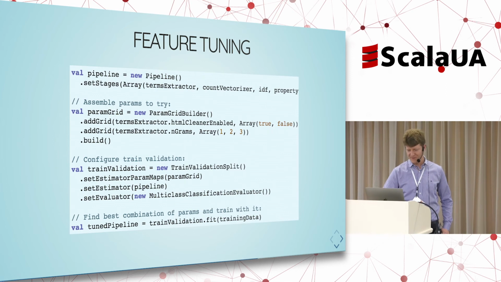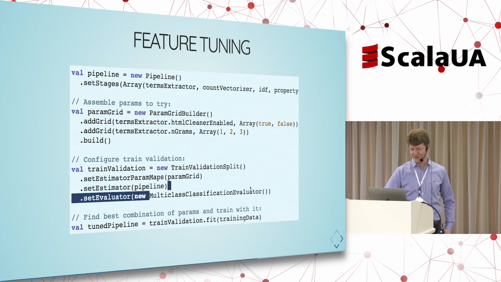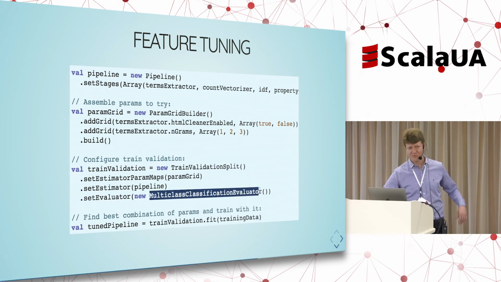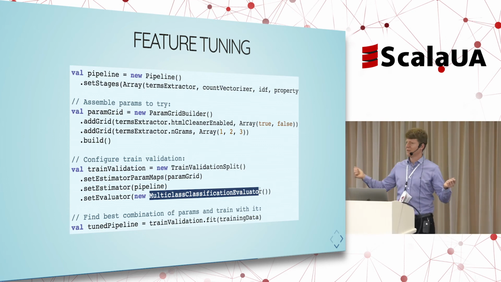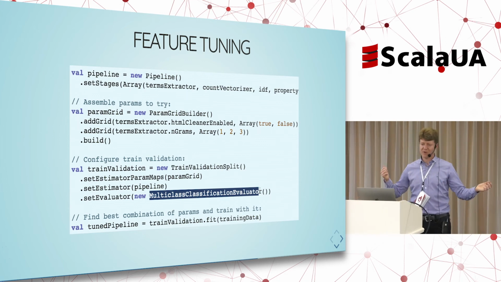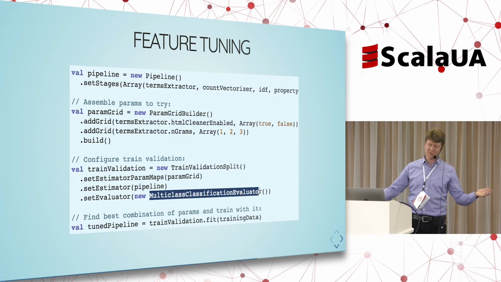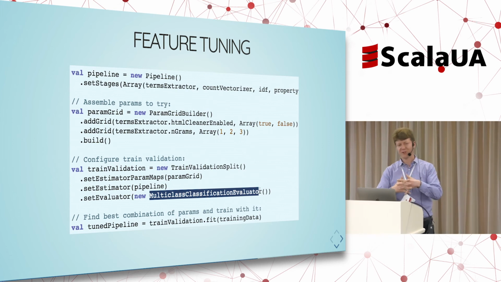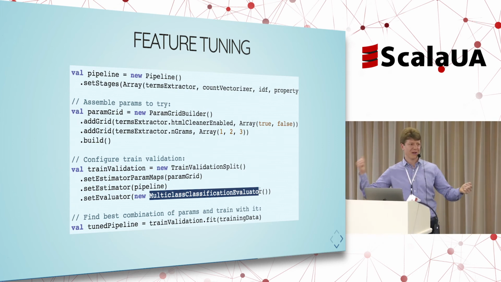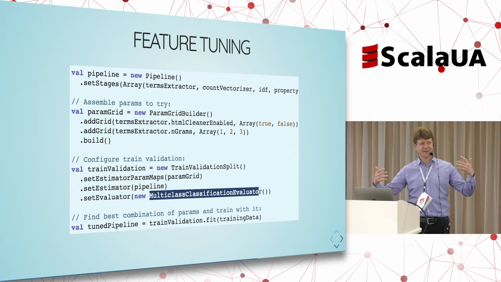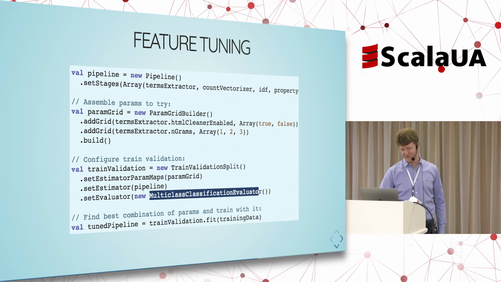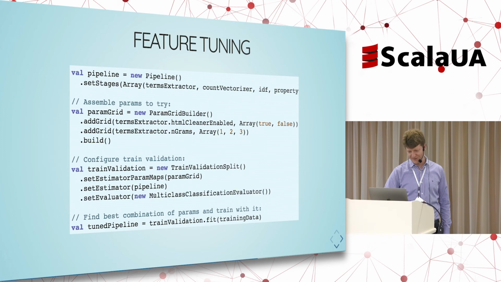And then there is this class called TrainValidationSplit, and I can just give this parameter grid to this class. Of course, TrainValidationSplit also needs a way to know if one configuration was better than the other, so it needs a way to evaluate these configurations. So it needs an evaluator.